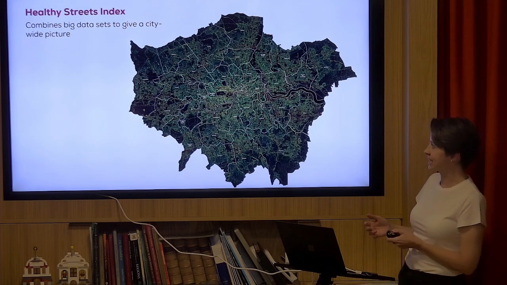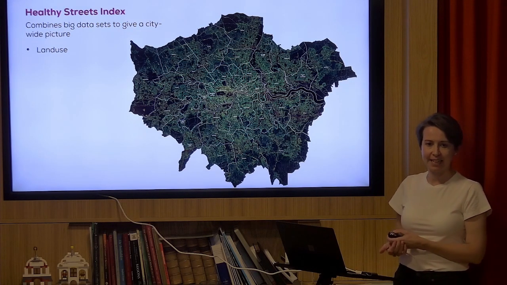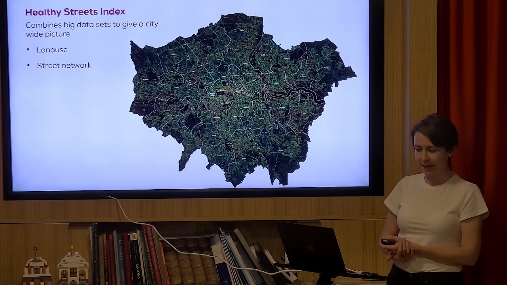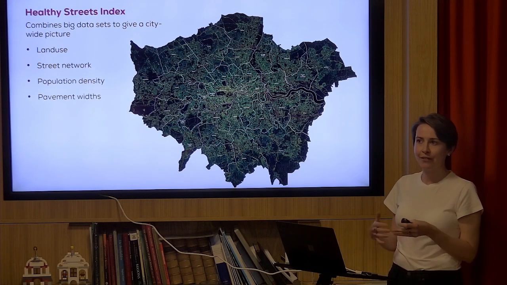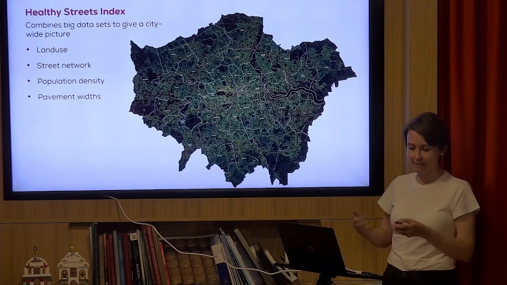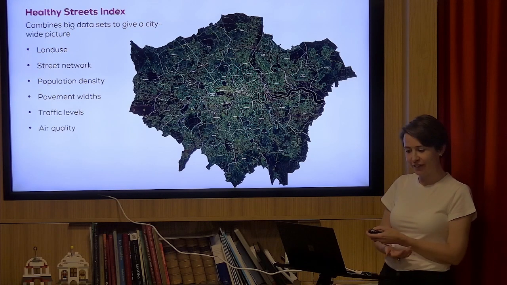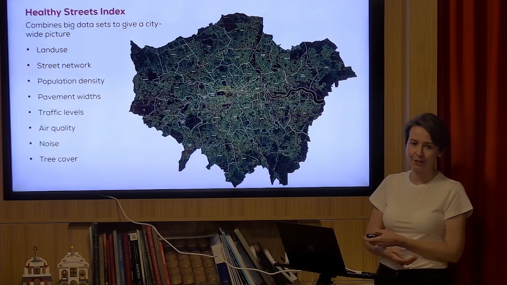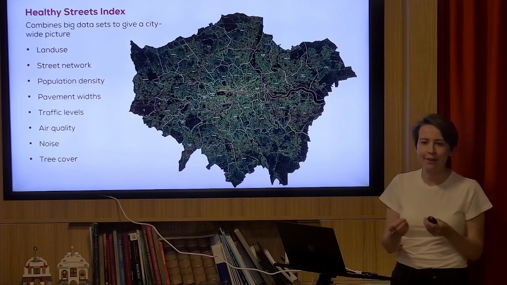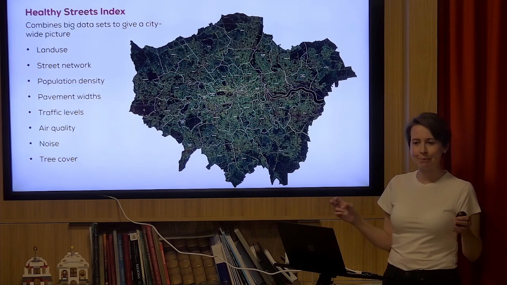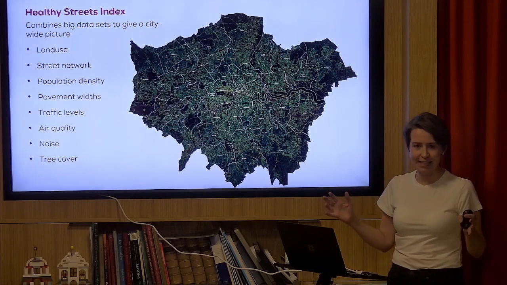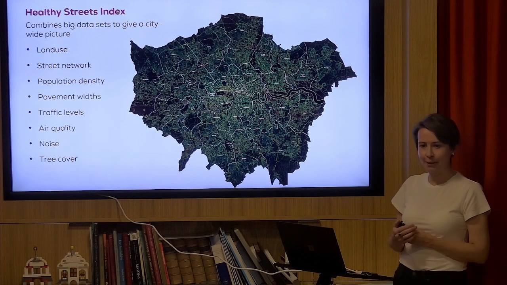It's looking at things like land use mix and density, street network connectivity, the population density, the ratio of footway space or pavement space to carriageway space, the levels of traffic, air quality, noise, and tree cover. So it's not looking at the granular details of each individual street, but it's just saying, in terms of good planning and good strategic policy making, how are we doing?